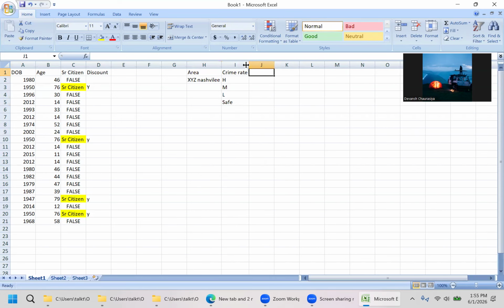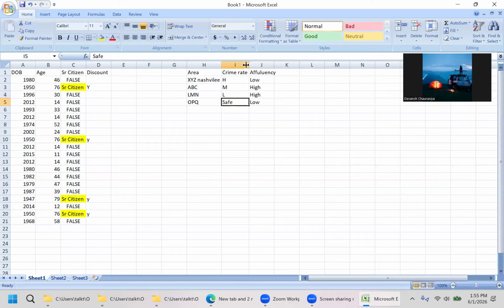And let's say I have the affluence of the area. So this is ABC area, LMN area, OPQ area, and affluence is low here, high here, low here, and let's say here also it's low, just to make it a little more complex.